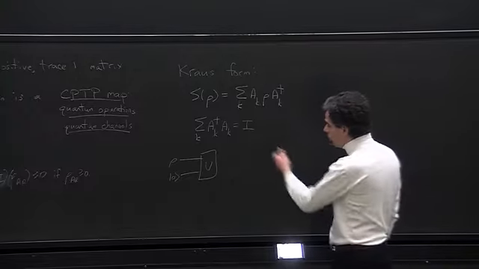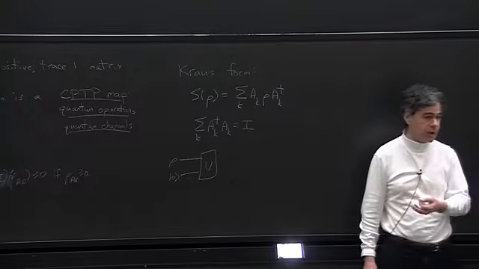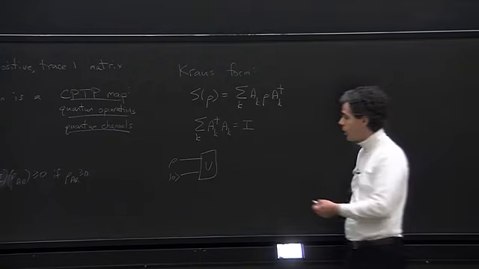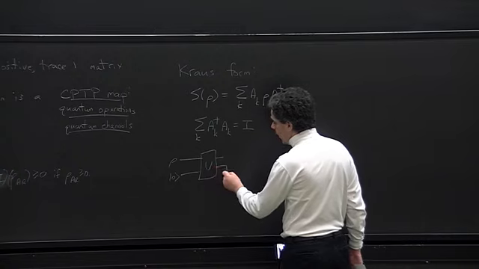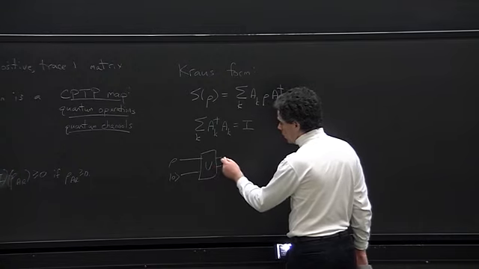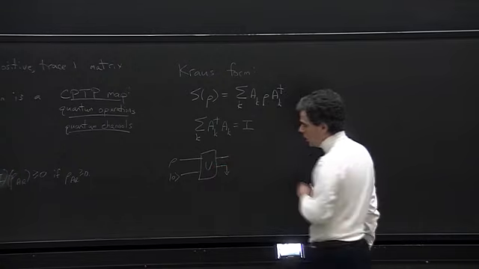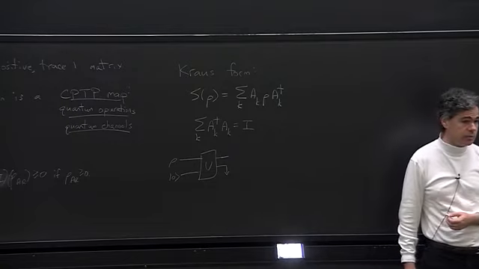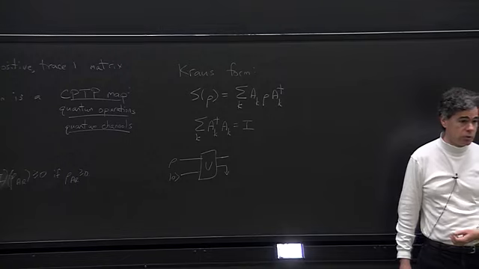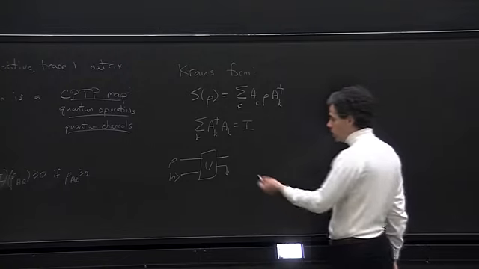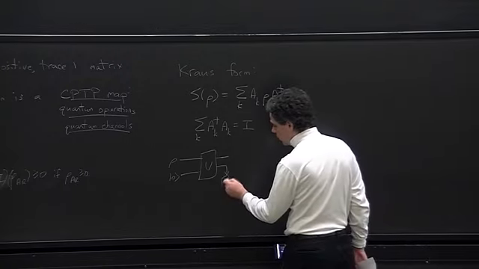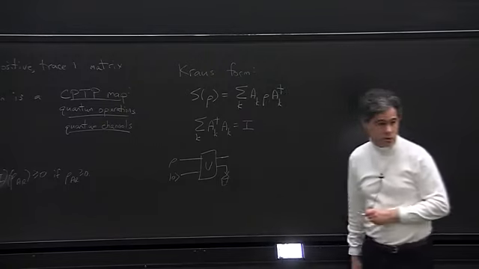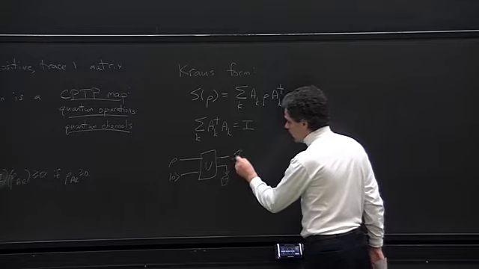And then we're going to perform some arbitrary unitary, entangling the two of them. And then we're going to take an ancilla, which doesn't actually have to be the same size or number of qubits as the original ancilla, and we're going to get rid of it. We're going to trace over it, throw it out. And what's left is S of rho.